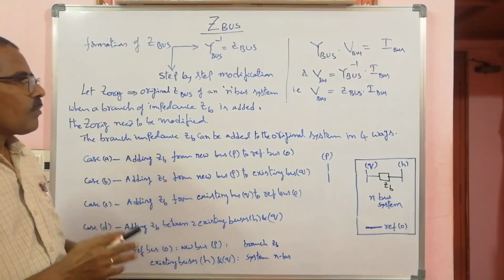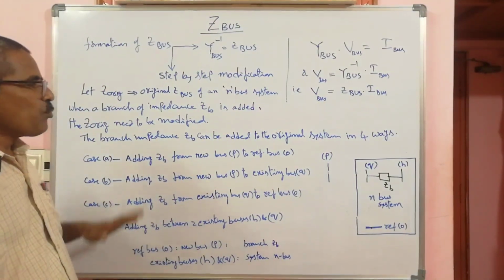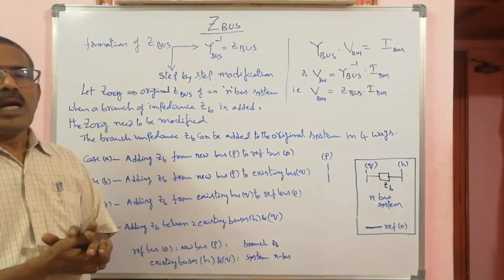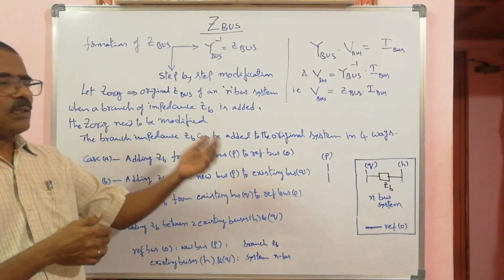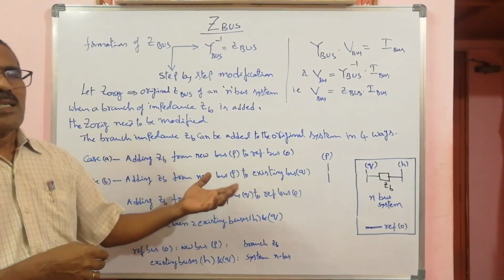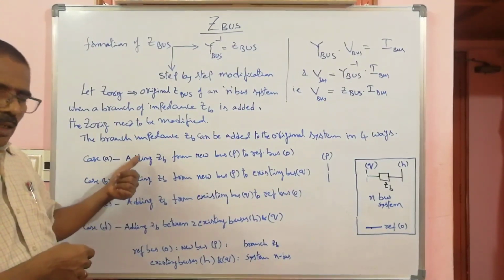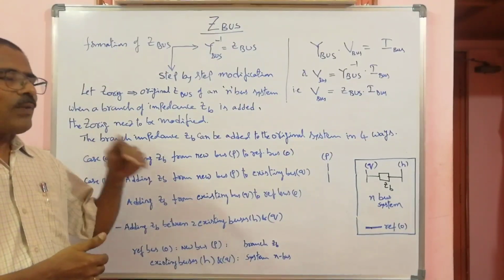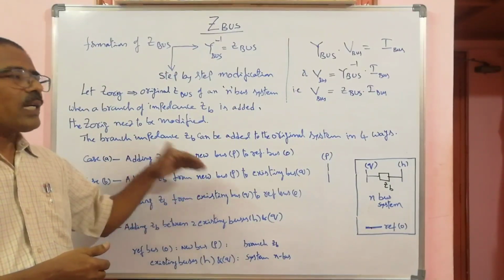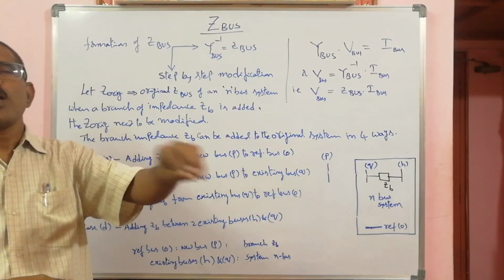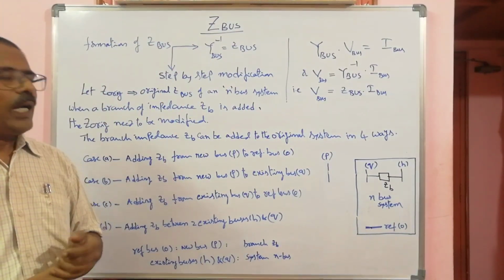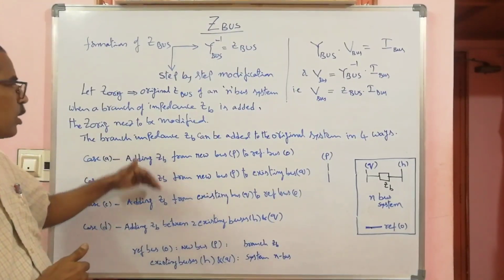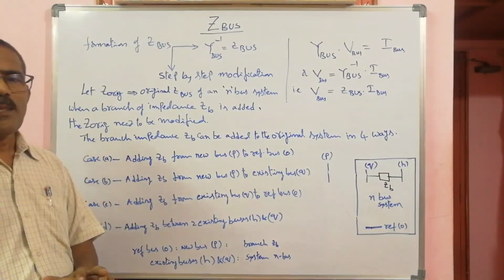As I said, these four cases you should keep in mind. Whenever a particular branch is added, it will be one of these four cases. Whatever the case is, you need to apply the respective modification blindly. I can give you four modifications corresponding to each case.